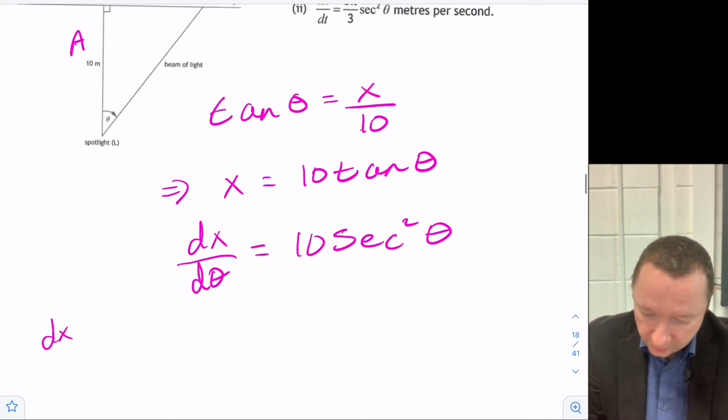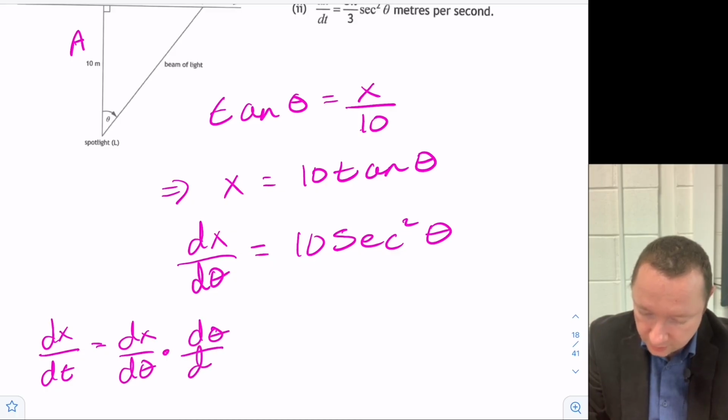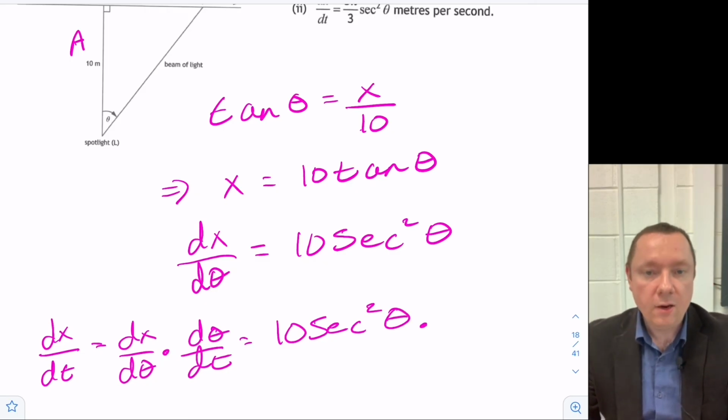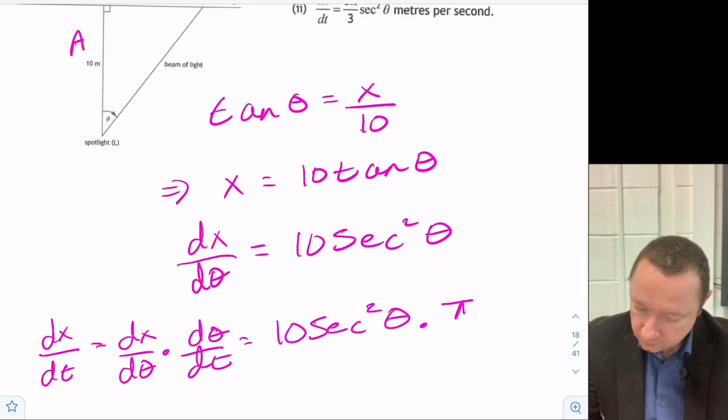dx by dt is then what we're trying to work out. So dx by dt will be dx by d theta times d theta by dt. That's 10 sec squared theta times pi over 6. That's part A, remember, we worked that out.